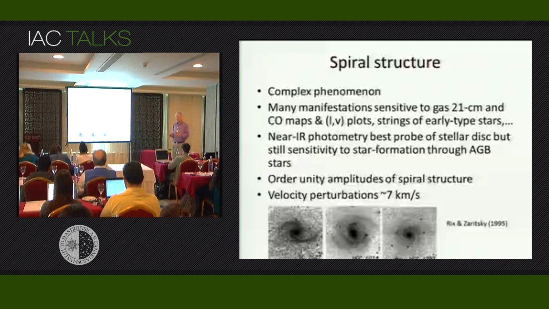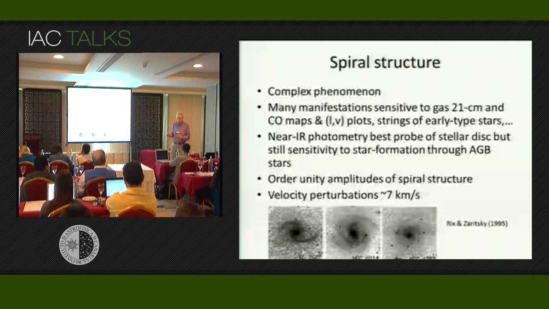And it is unfortunately difficult to get observational data on what is really happening to the stars in spiral structure. What is the amplitude, for example? What is the form of the spiral structure in the arms? Because the data are very heavily influenced by what's happening in the gas.